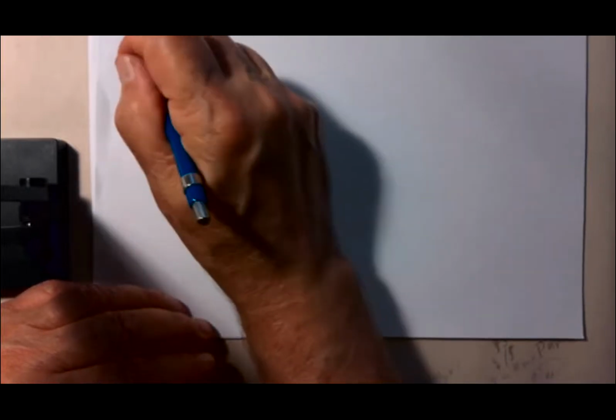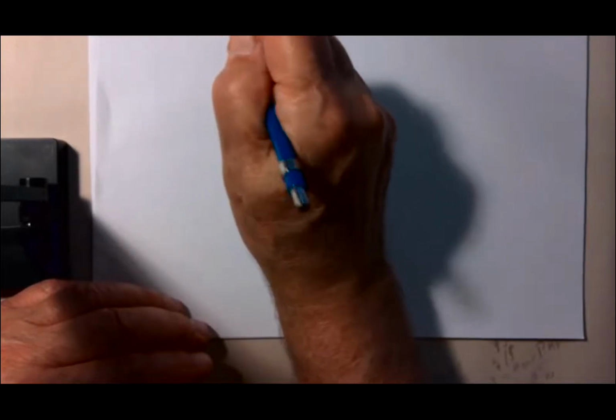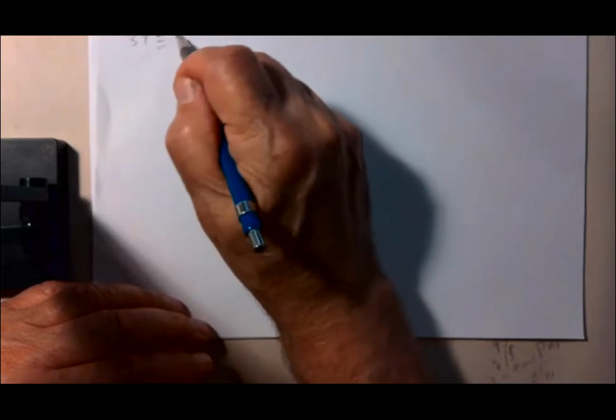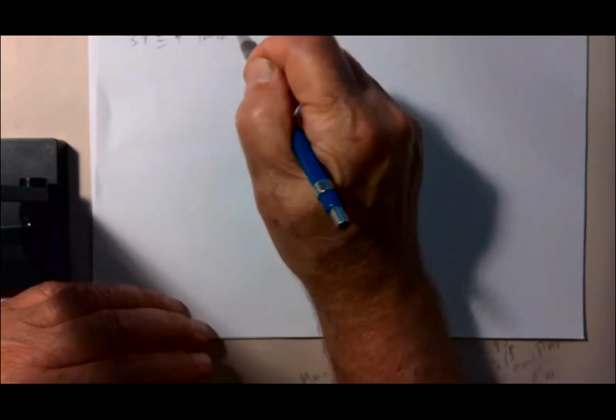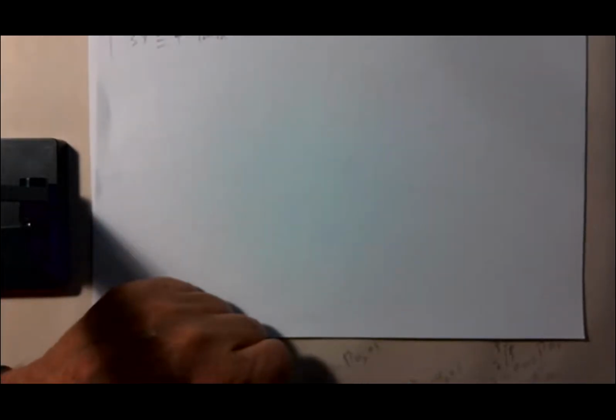So we have two linear equations of the form 2x congruent to 1 mod 5 and 3x congruent to 4 mod 7. And we want to find all simultaneous solutions of these two congruences.